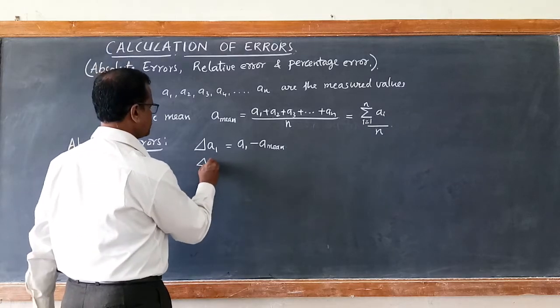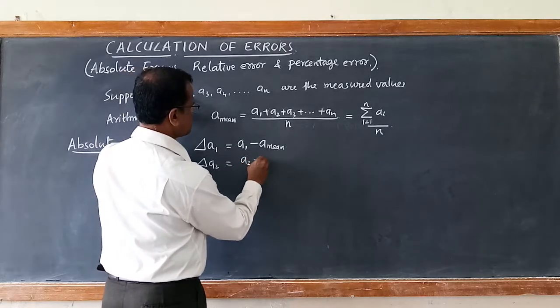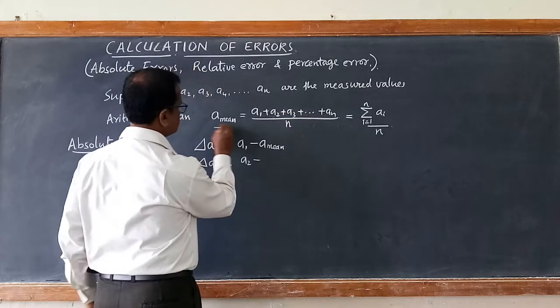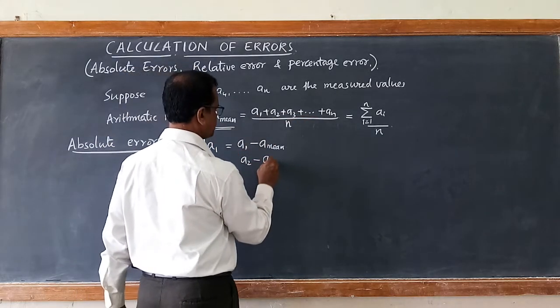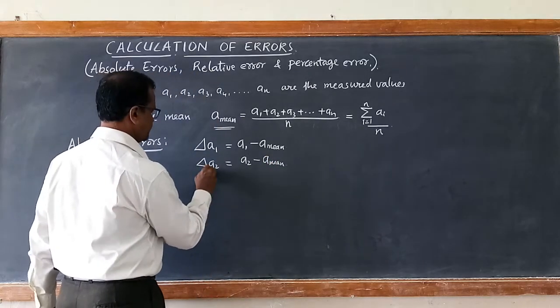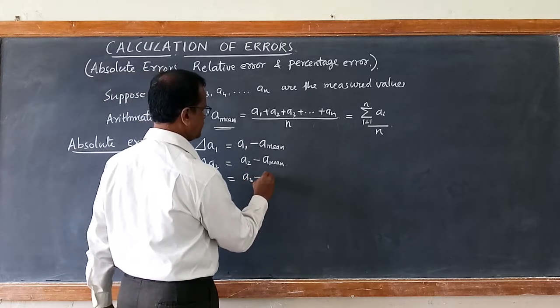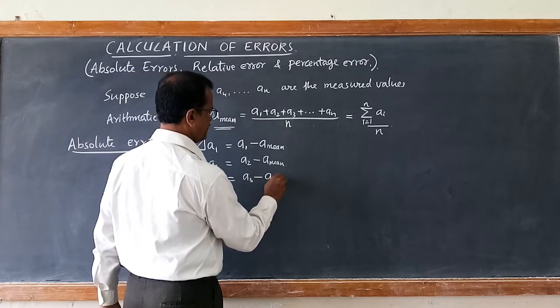Delta A2 gives us A2 minus A mean. This is the A mean, the arithmetic mean. Delta A3 is equal to A3 minus A mean.